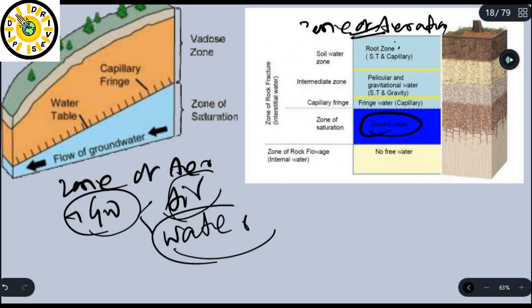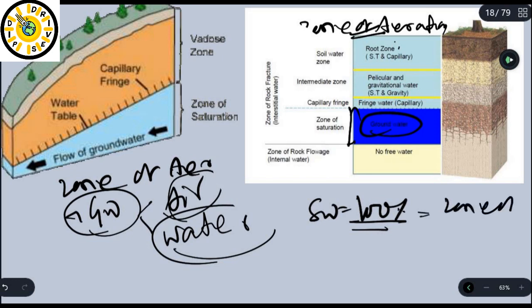This part is groundwater, called the zone of saturation. That means the saturation of water is complete, 100% in this zone. Sw will be 100% in this particular zone. So this is the zone of saturation, and this part is the zone of aeration.